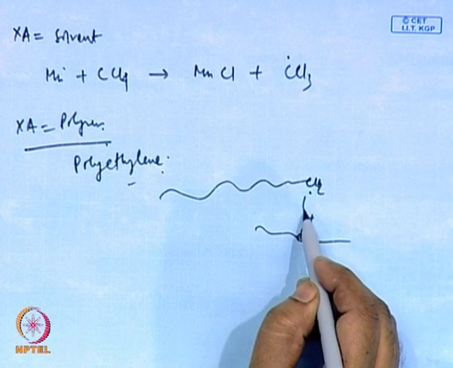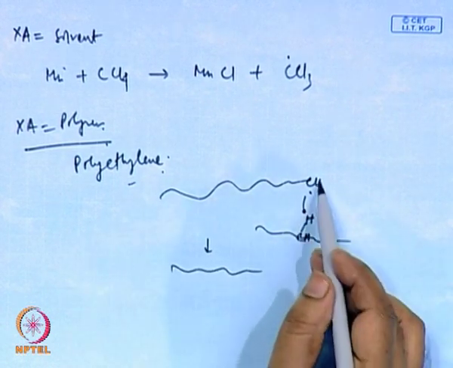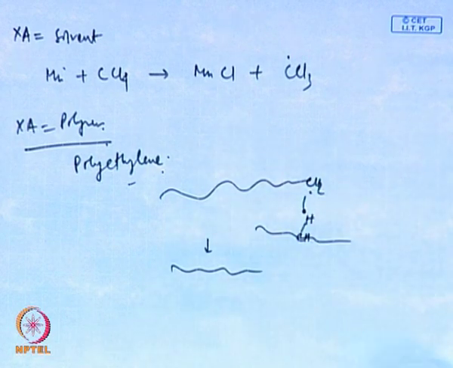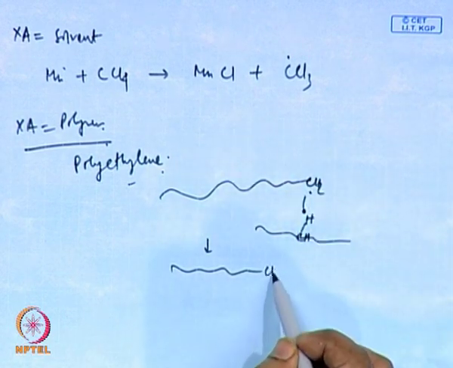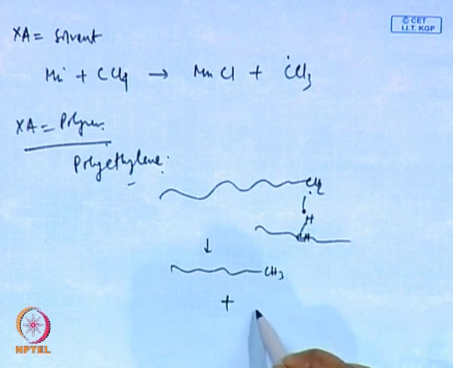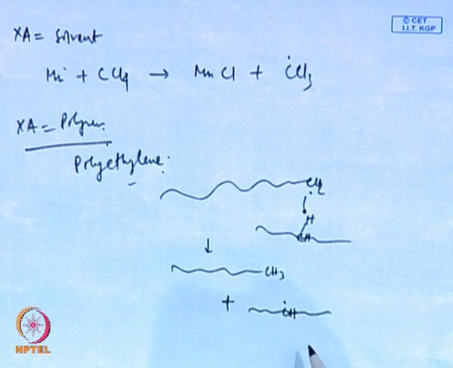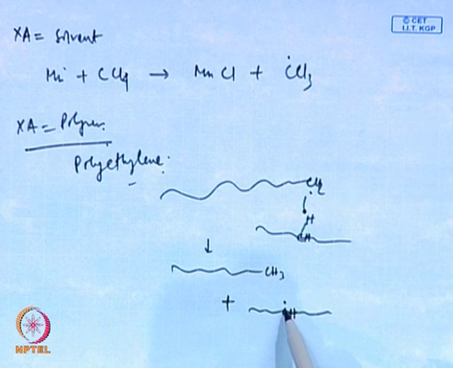Now, it can abstract this hydrogen and form this dead chain, and you have a new polymer where you have a radical generated in between, not at the end.